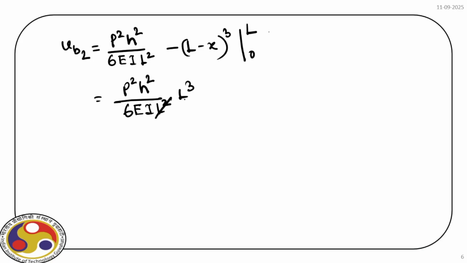So we can simplify this. We have L here. So effectively P square H square L divided by 6EI.